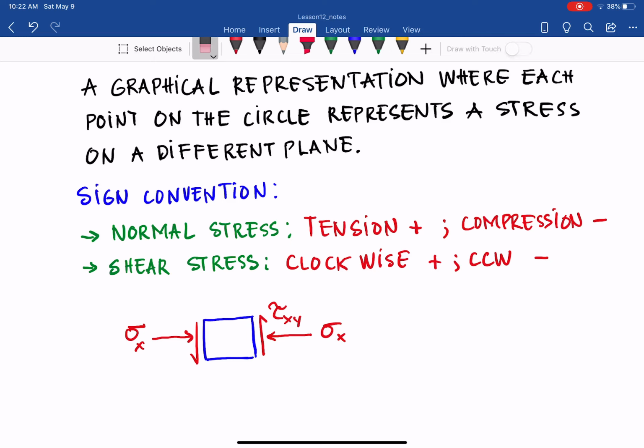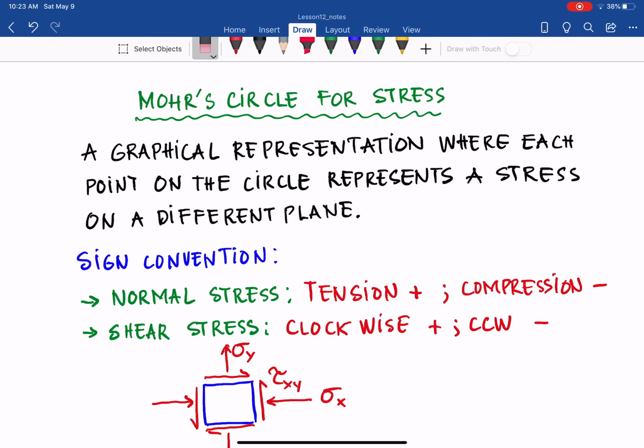Then in the opposite y direction, we have sigma y, which I assume is in tension. Then we have tau opposite to make it balance, and you have sigma y here. So just the same. Let's erase that one to make it simpler.